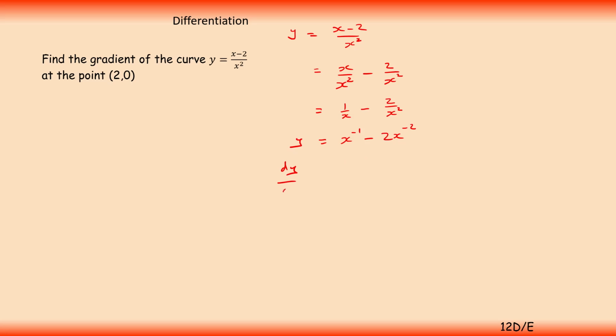And dy by dx is given by, take the power, so minus 1, so it becomes minus x to the power of, subtract 1, minus 2, minus 2 times the power, which is also minus 2, x to the power of, subtract 1, so it becomes minus 3. So be careful with negatives.